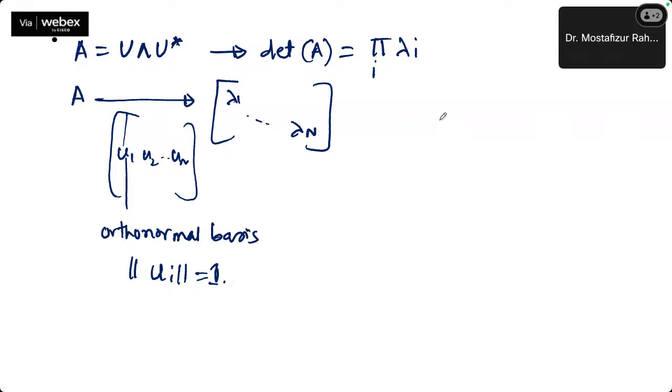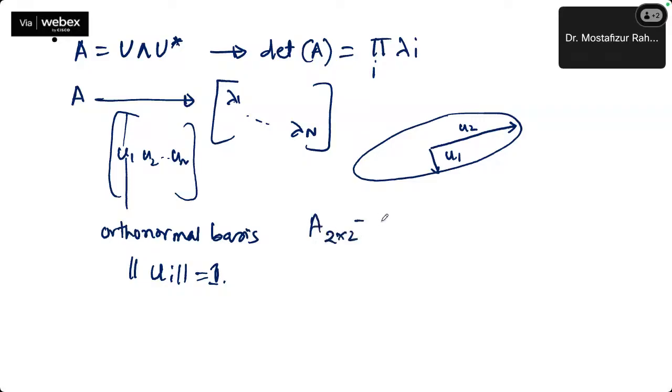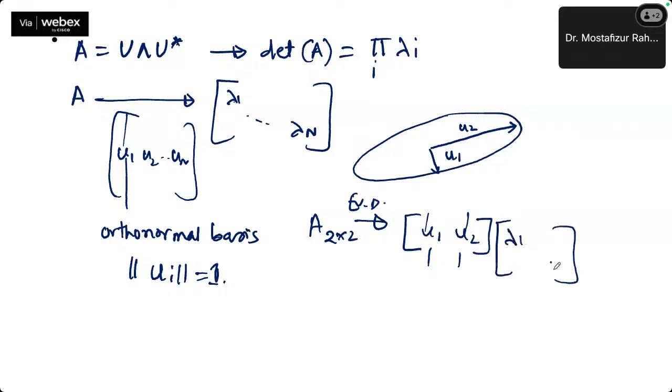Now, what are all these lambdas? Suppose this is your space in a 2-dimensional case, and suppose this is your U1 and this is your U2. You have a 2 cross 2 matrix, and you have done an eigenvalue decomposition. So effectively you have U1 and U2, the two eigenvectors, and two eigenvalues lambda 1, lambda 2.